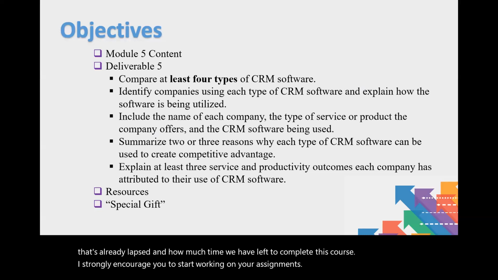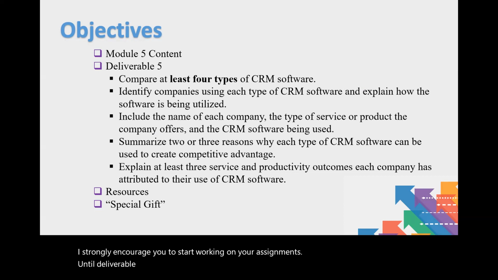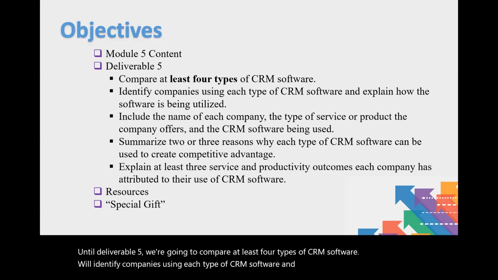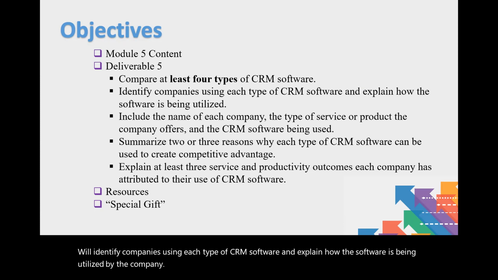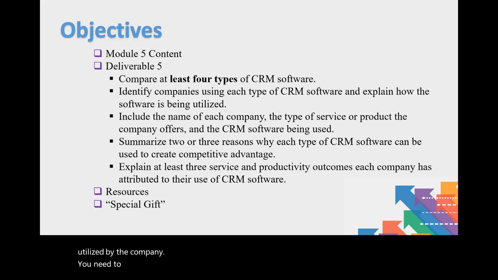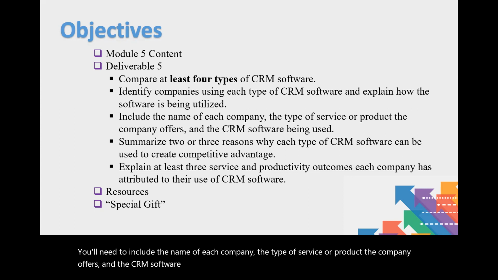And so, Deliverable 5, we're going to compare at least 4 types of CRM software. We'll identify companies using each type of CRM software and explain how the software is being utilized by the company. You'll need to include the name of each company, the type of service or product the company offers, and the CRM software being used.